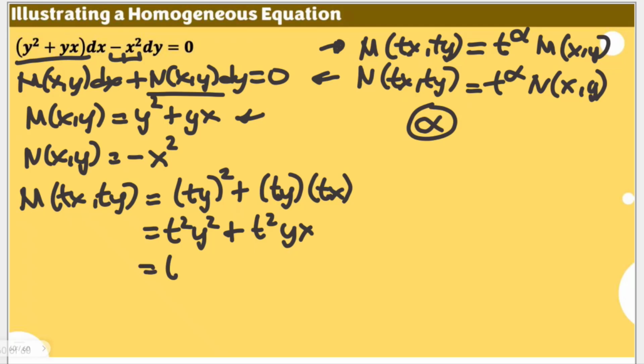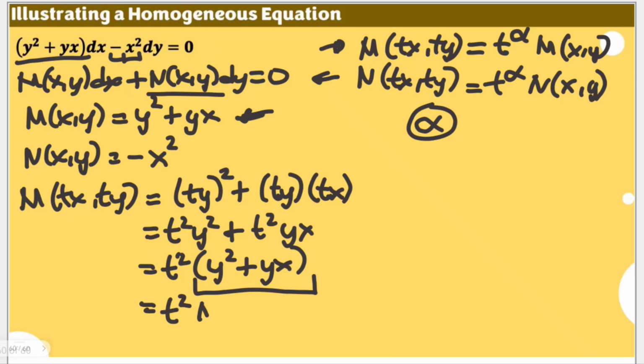As we factor out t squared, you will have here y squared plus yx, which is our original M of x y. So you have t squared M of x y, transformed into this form here. Thus, we can say now that our alpha is 2, as this is the exponent of our t.